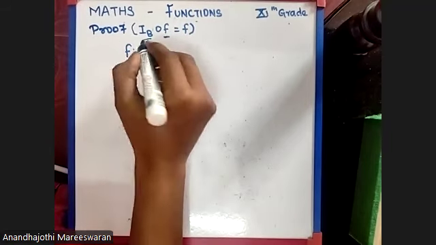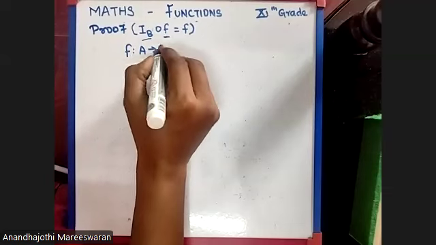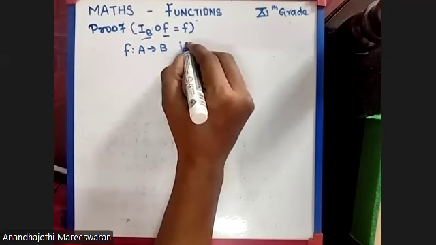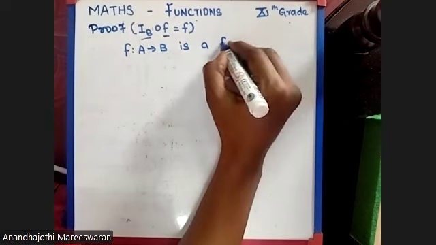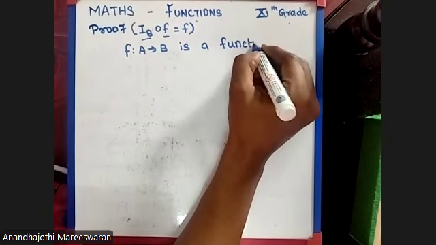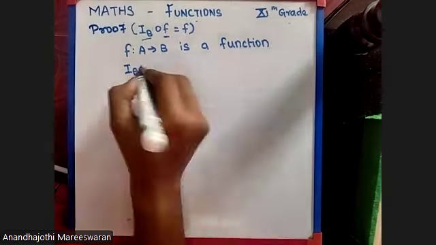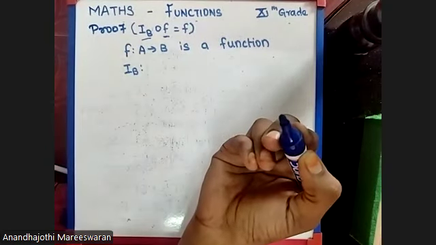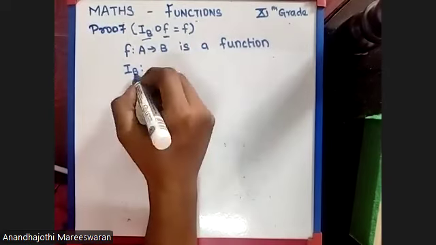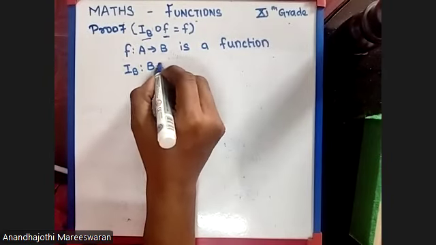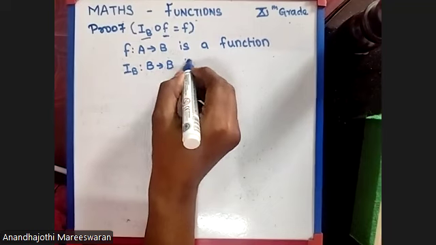F maps A to B is a function. IB is an identity function, right? So it will be mapped from B to B. It's a function.